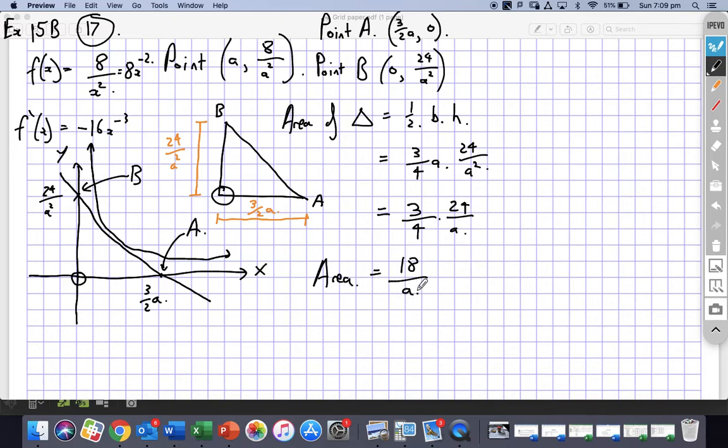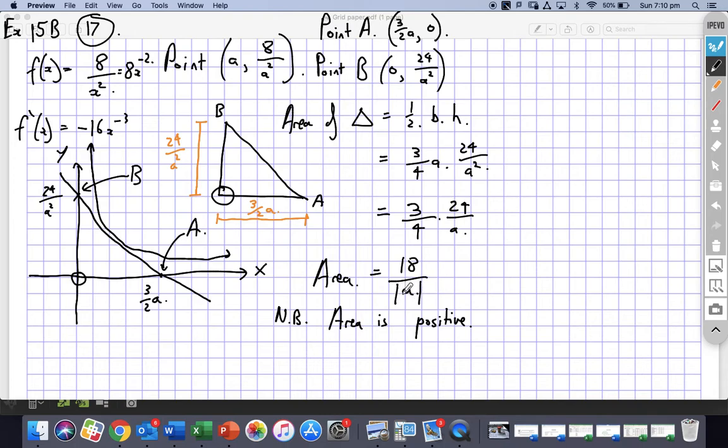Now that a value can't be negative. I can't have a negative area. Note, areas are always positive. One way I could express that is to say I need the absolute value of a.